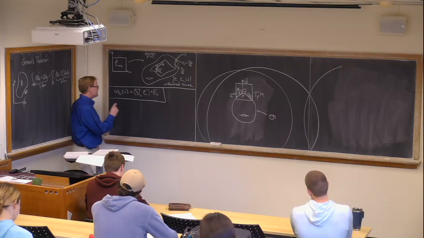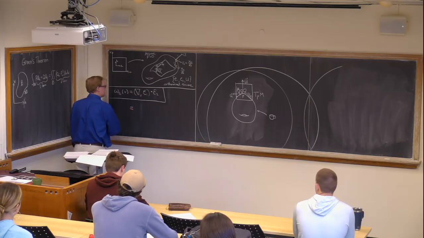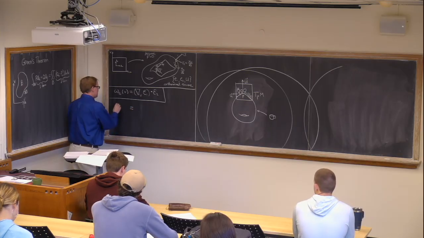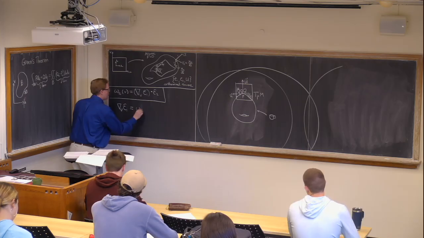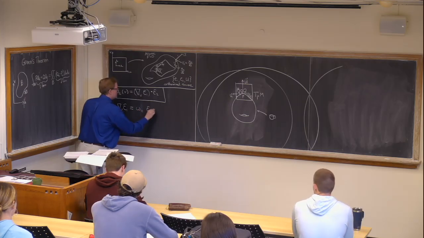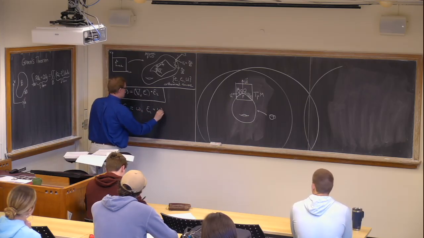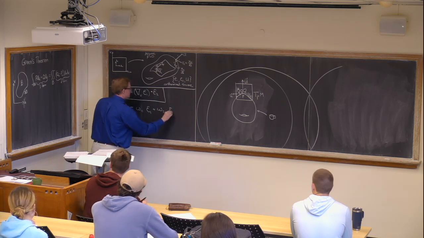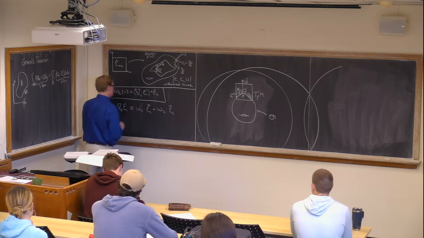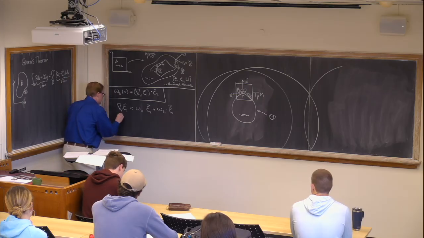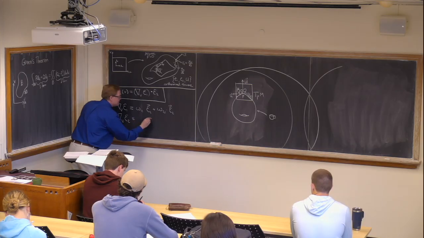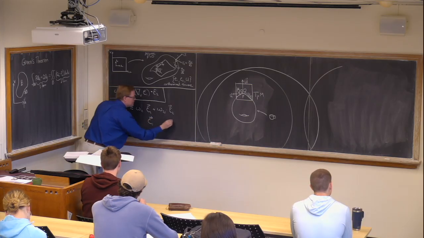But I think what you're referring to is where this came from: if you take the covariant derivative of E1, then this was omega 1 times E1 plus omega 2 times E2. And the same thing here: when we take the covariant derivative of E2, it is a linear combination of E1 and E2 as well.